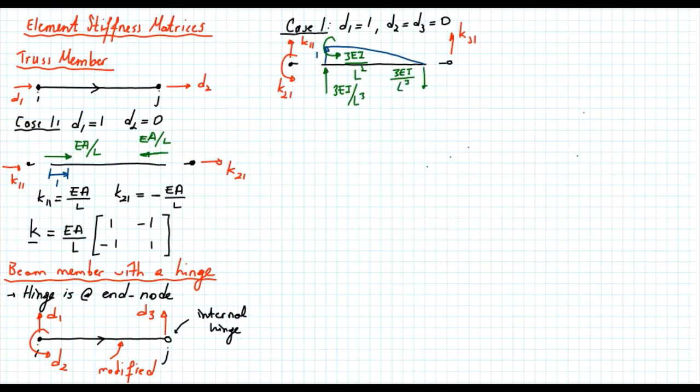So for this case 1, for this given case, my coefficients are as follows. Transfer them to the nodes. K11 will be equal to 3EI over L cube.